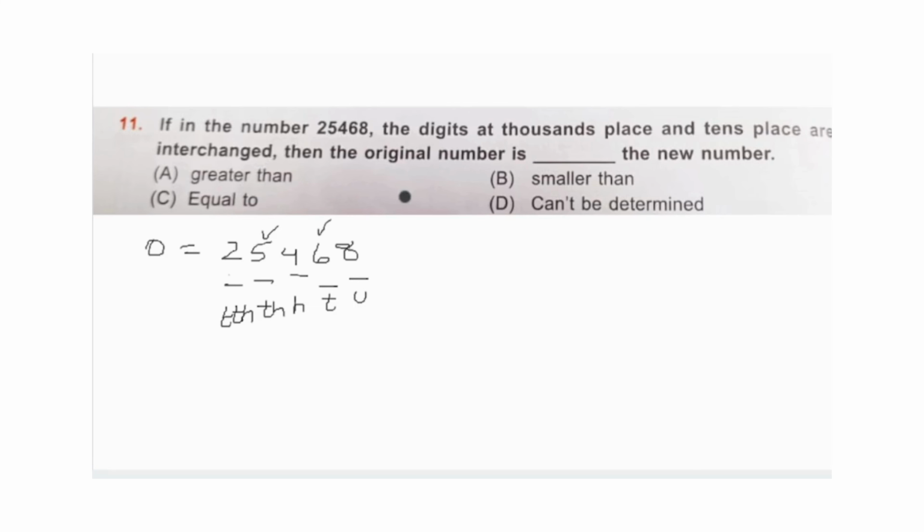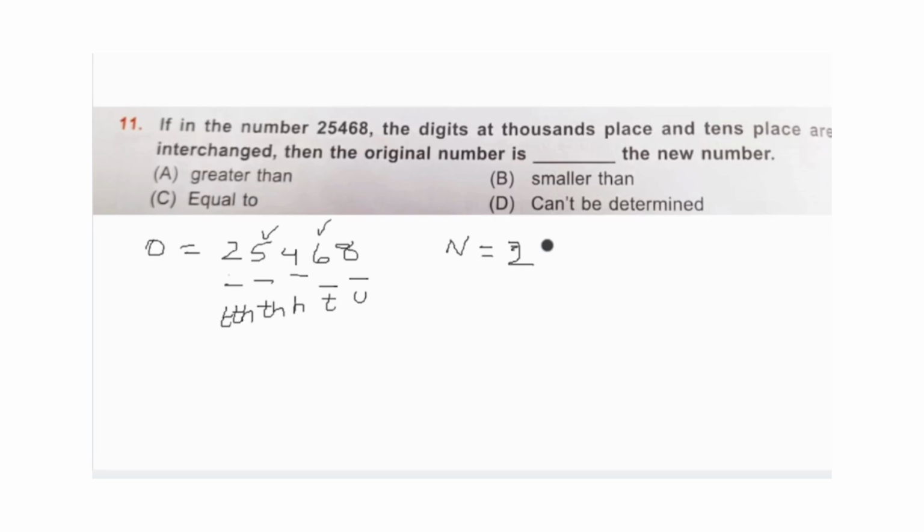So after interchanging the numbers, the new number formed, let's represent it with N, reads as 2, and now we need to replace 5 with the tens digit.